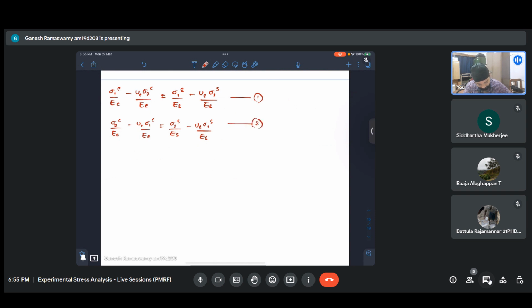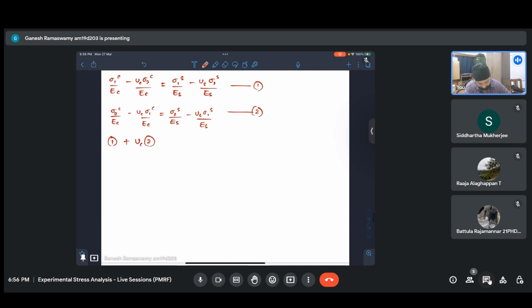Now 1, eliminating sigma 2c, for eliminating sigma 2c, 1 plus mu c into 2 is what I need to do. So if I were to write that out, sigma 1c by EC minus mu c sigma 2c by EC plus mu c sigma 2c by EC minus mu c squared sigma 1c by EC.